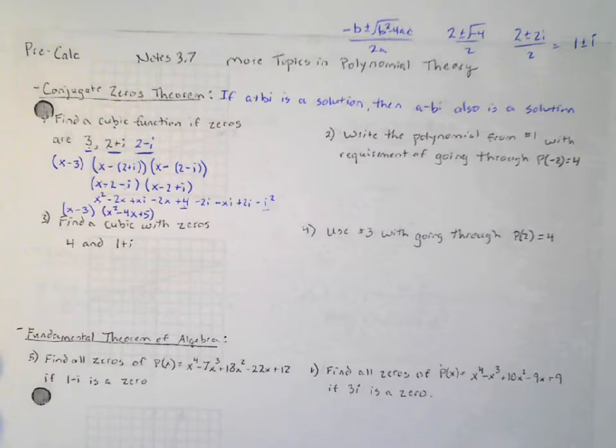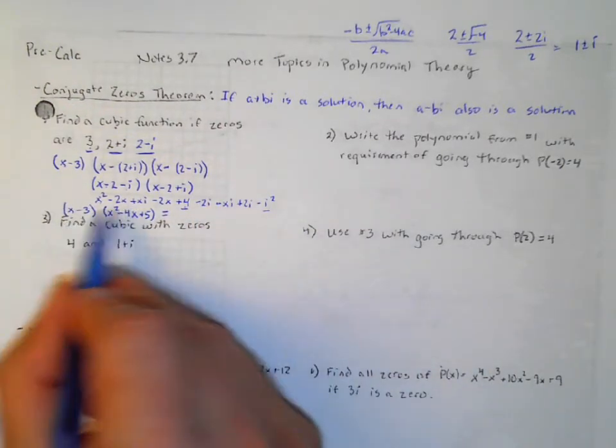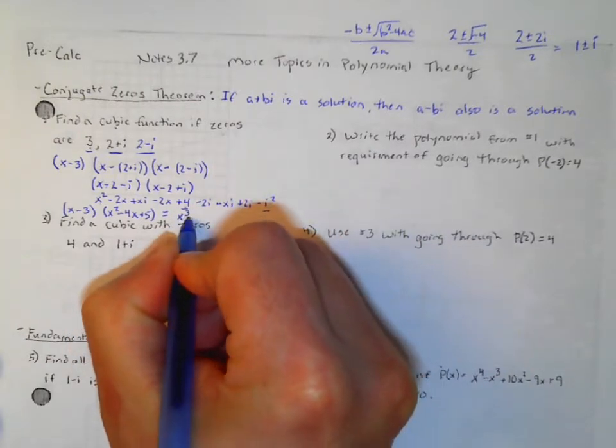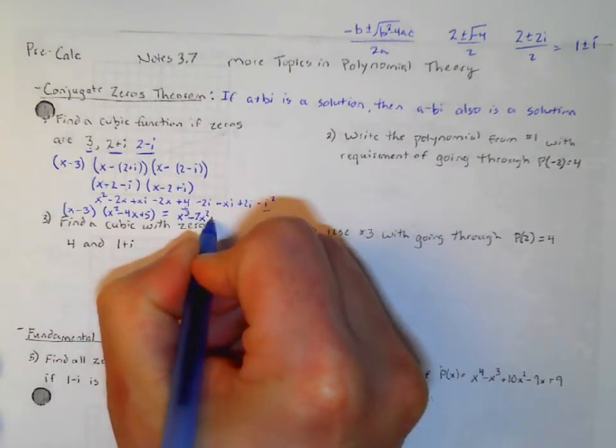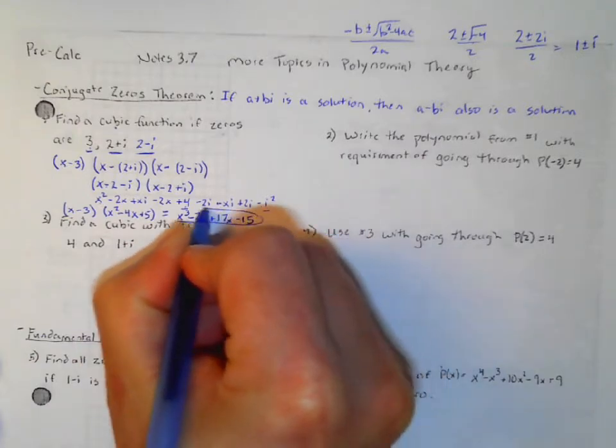Then we multiply these together, taking your x through and then your negative 3 through. You'll get x to the third minus 7x squared plus 17x minus 15 after you multiply that all together.